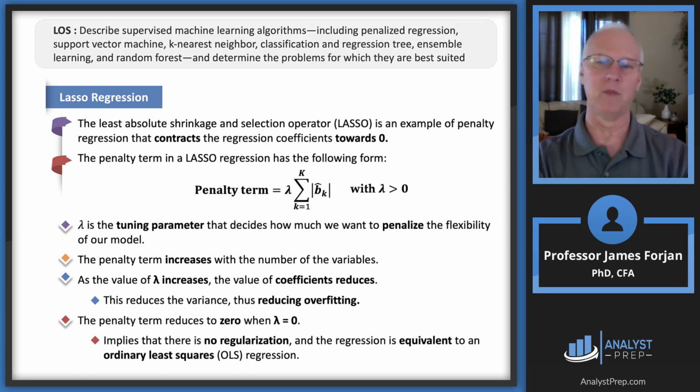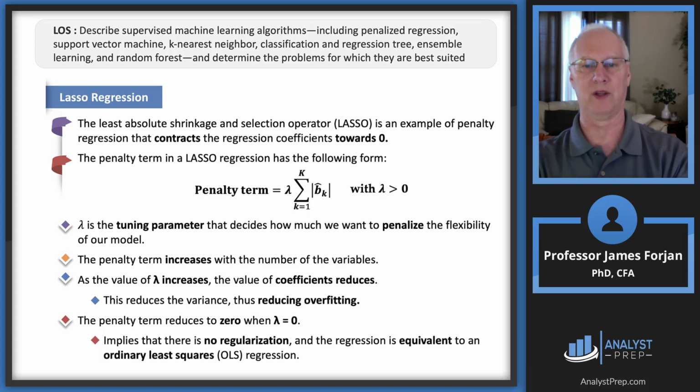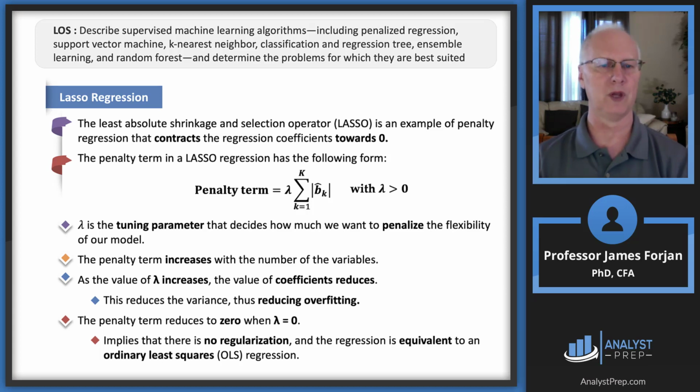But now we're going to make this lasso, look in the middle there, so lambda is greater than 0. When that's positive, we're going to penalize the addition of this extra variable. So look at some of those diamond points in the middle. It's a tuning parameter that decides how much we want to penalize the flexibility of our model.